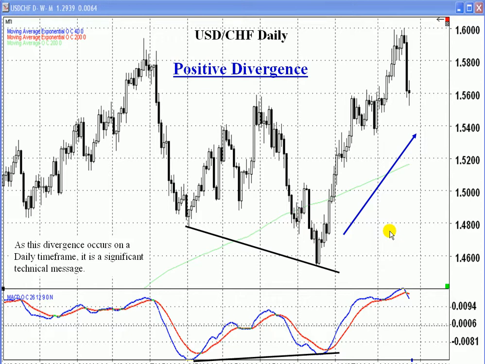Looking now at a daily chart, and this is a lot of time we see here, and it's an old chart, but I just want to show you how effectively this is applied in the older charts as well. We see prices here making lower lows on the big swings.